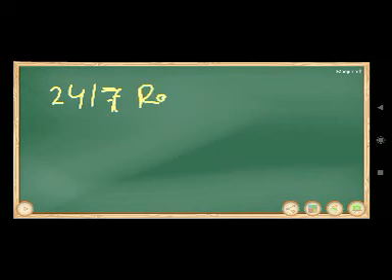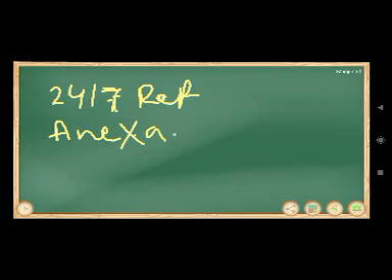So there are various technologies offering this type of service. One is 24/7 reference service. They are providing this service. Another is Alexa.com. They are also powering it. So there are various agencies. Some are free, and some charge for the service.